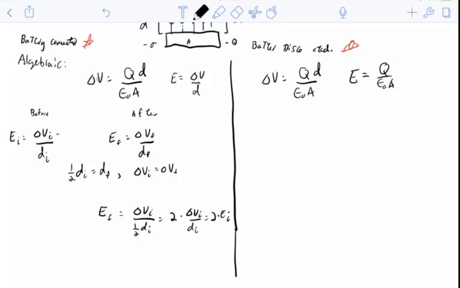Okay, so before, E initial is equal to Q initial over epsilon naught A initial, and then after, E final is equal to Q final over epsilon naught A final.